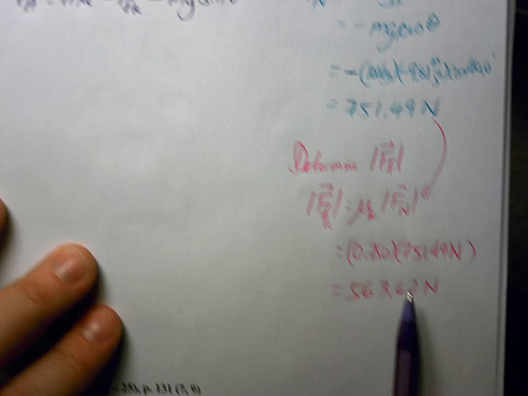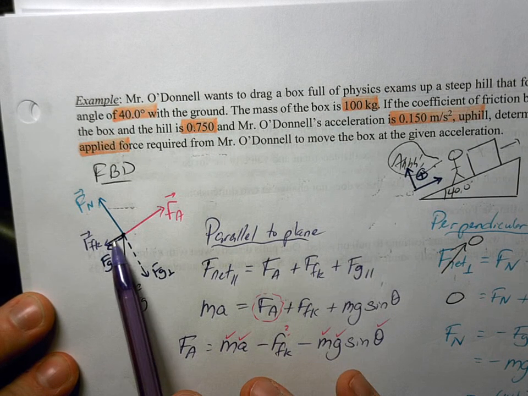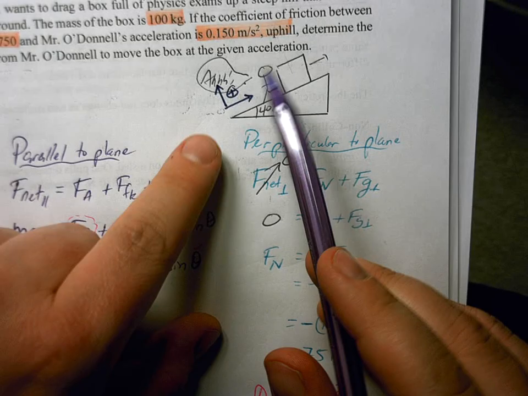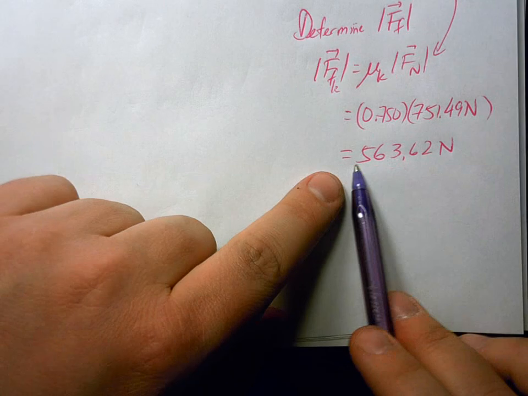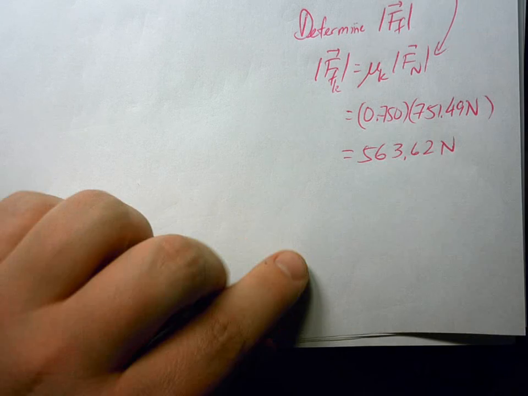So if I go to my free body diagram for a second, we notice that FFK is pointing down the plane, and we've called up the plane positive. What that means is if we want to actually take direction into consideration, this has to be a negative number.